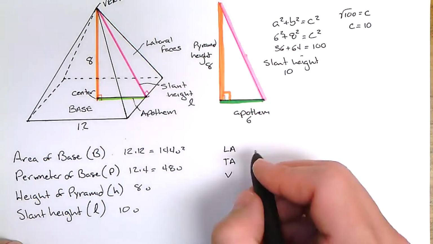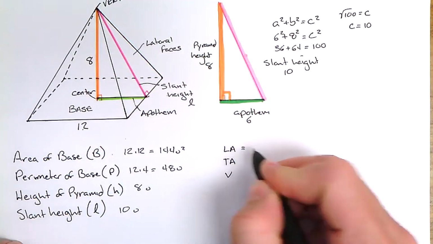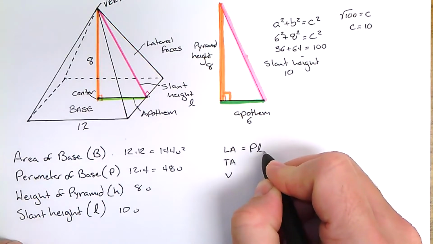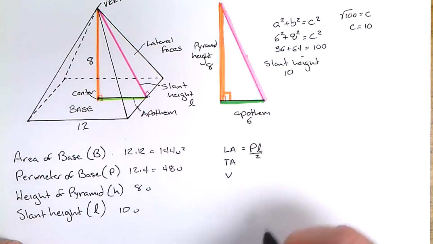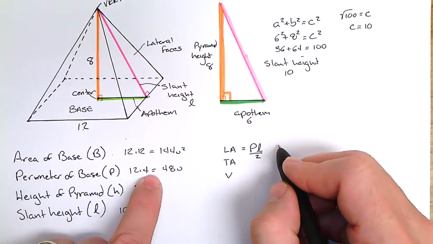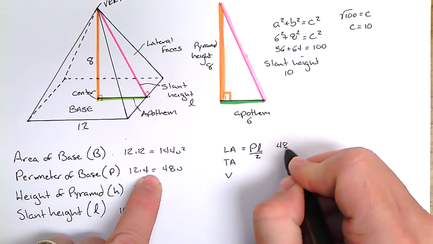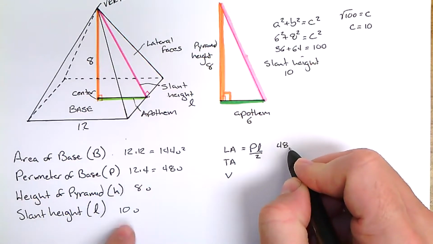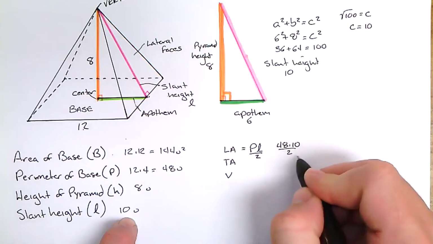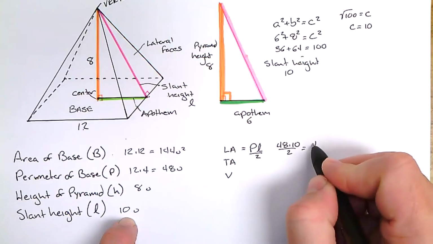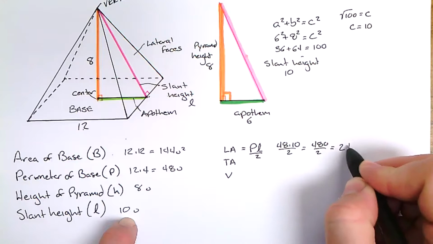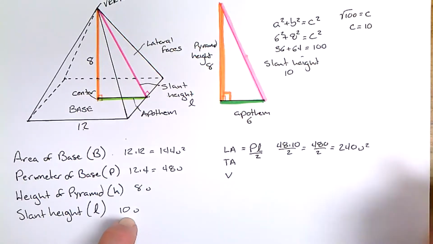Now the lateral area in this case is equal to the perimeter times the slant height divided by 2. So our perimeter, 48. Our slant height, 10, divided by 2. 480 divided by 2. 240 units squared.